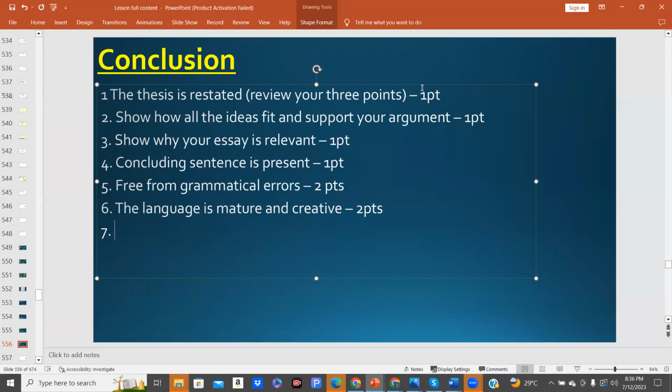Number 7. The conclusion is coherent. Remember, no new points are introduced. The writer stays on track. You don't introduce any new points in your conclusion.